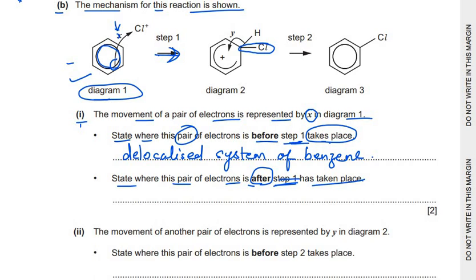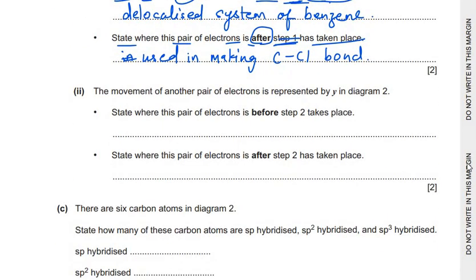Now where is this bond? This bond is a C-Cl bond. So you can say that it is used in making a C-Cl bond, that is a carbon-chlorine bond. So that is where the pair of electrons is being used after step 1.